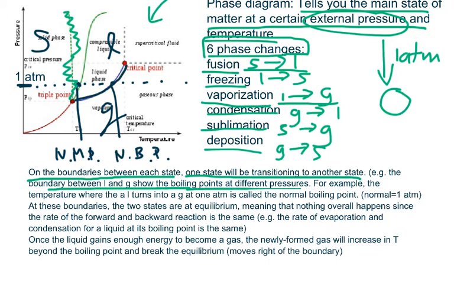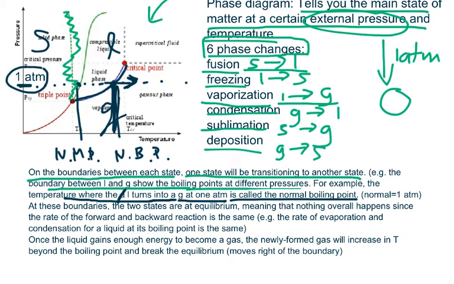So let's take an example. The temperature where the liquid turns into a gas at 1 atm is called the normal boiling point. So this is 1 atm, marked by that line over there, and at 1 atm, the point where the liquid turns into gas, indicated by this arrow, will be known as the normal boiling point, and it's right here.